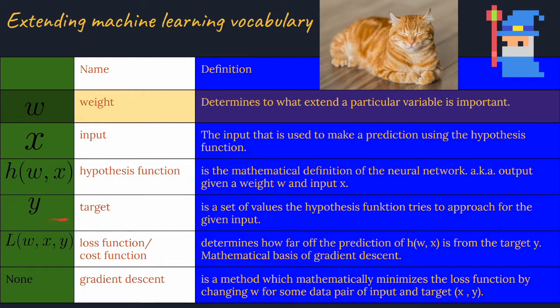Now loss is the loss function, also only used during training, and it determines how far off the prediction is from the target Y. So if the algorithm were to say, well, this looks to me like a cat, then the loss would be very low.